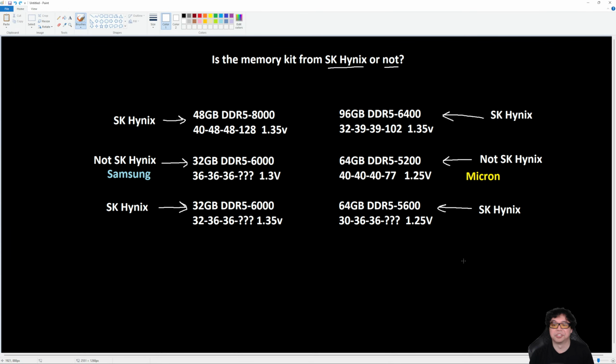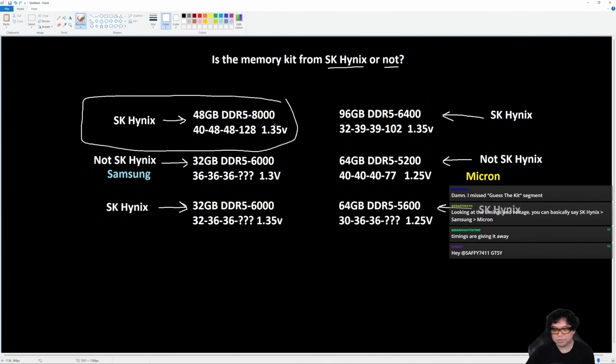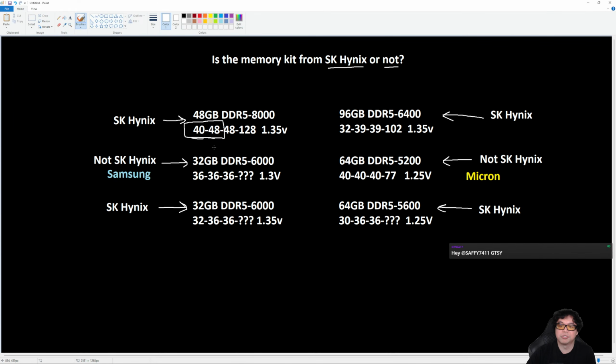The trick is to look at the primary timings, specifically the first number and the second number. Let's look at this one. 40 and 48. These two numbers are not equal.